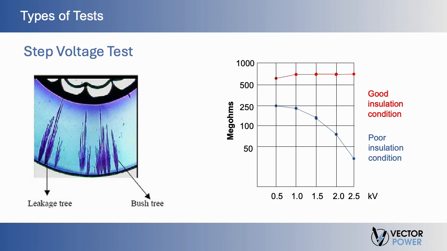A recognized standard procedure is to increase the voltage in 5 equal steps at 1-minute increments and record the final insulation resistance at each level. Any marked or unusual resistance reductions is an indication of developing weaknesses.